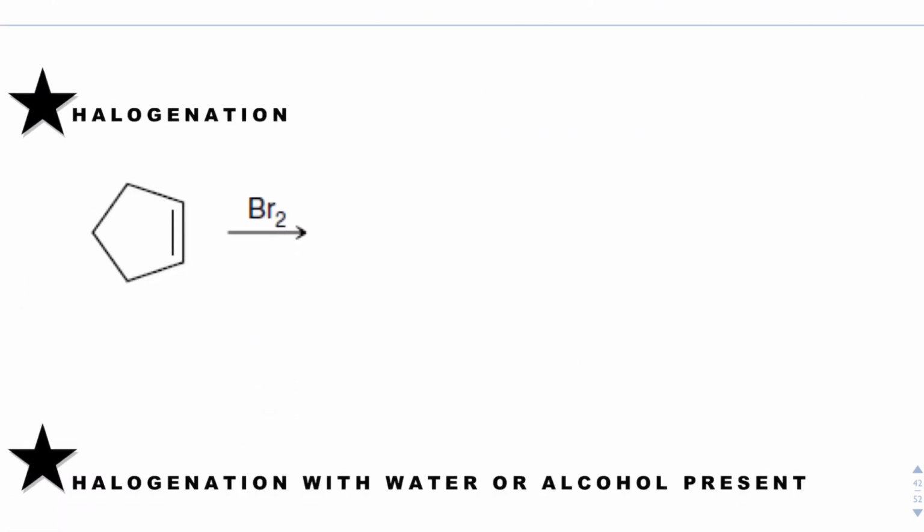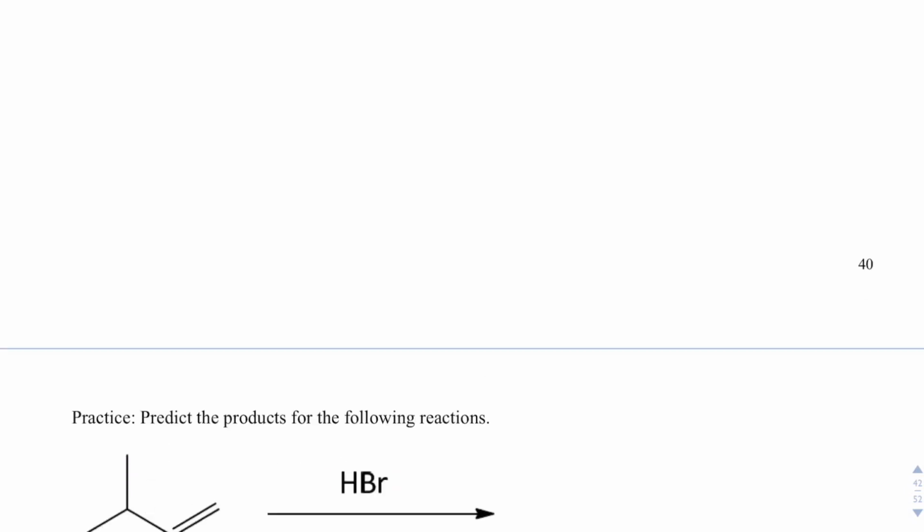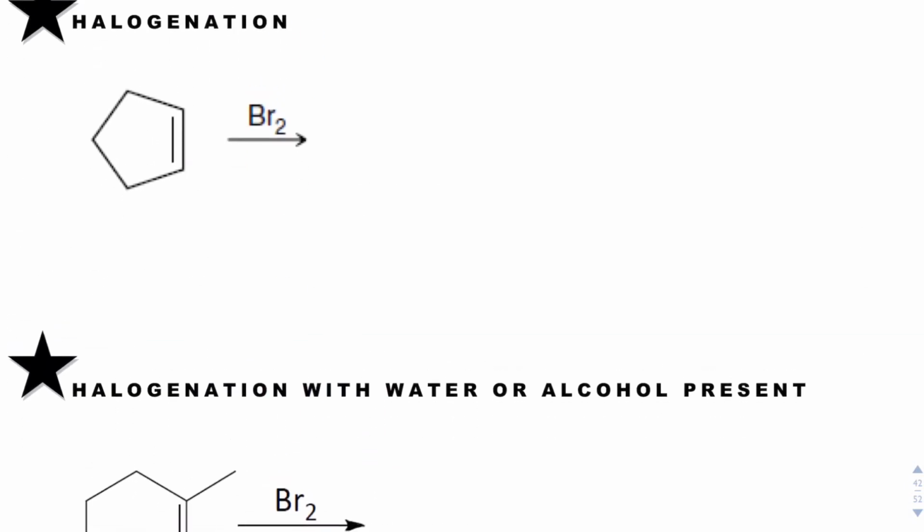Okay, we've got a few more here, just two more, and then we're going to do some practice. And we do need to worry about the mechanism here. This mechanism makes sense. So what we have is Br2, which I'm going to draw Br-Br. Okay, and I'm not going to worry about lone pairs on the bromine. And that's a non-polar molecule.